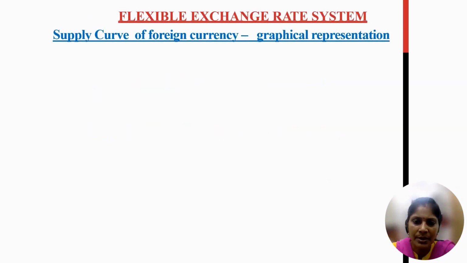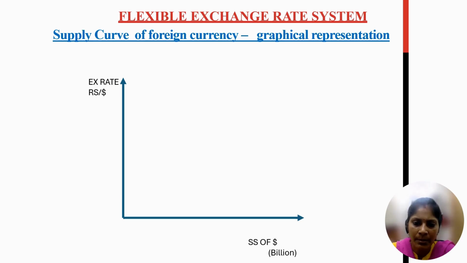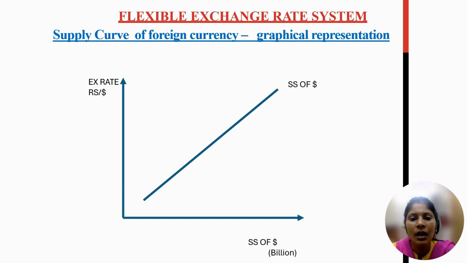Through the graphical representation, we can better explain the supply curve of the foreign currency. The x-axis denotes the supply of dollars in billions, and the y-axis the exchange rate, rupee per dollar, and the supply of dollar is an upward sloping curve. At any point of time, whenever there is a change in the exchange rate, there will be a change in the supply of dollars. So for example, when the exchange rate is 83.5 rupees per dollar, the supply of dollar will be 75 billion dollars.